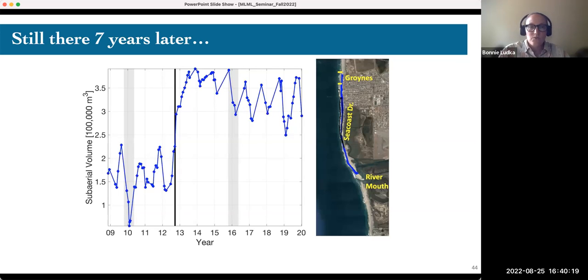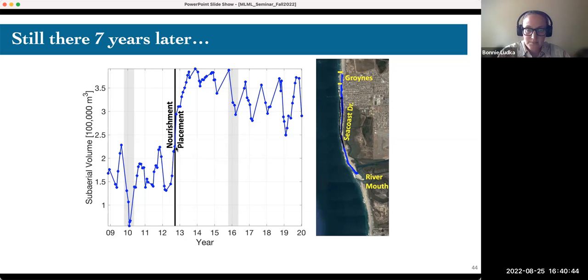And so, first, right off the bat, we can see that there is definitely still nourishment sand on the beach. It's still there, even this plot's showing to 2020, so 7 years later after nourishment, where what you're looking at here is the alongshore integrated subaerial volume of sand.